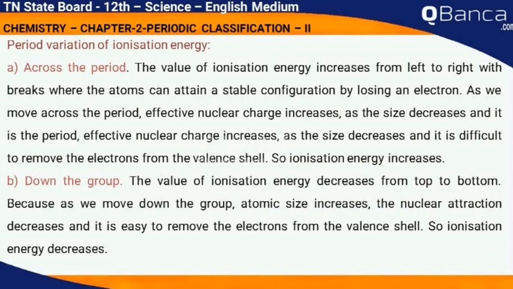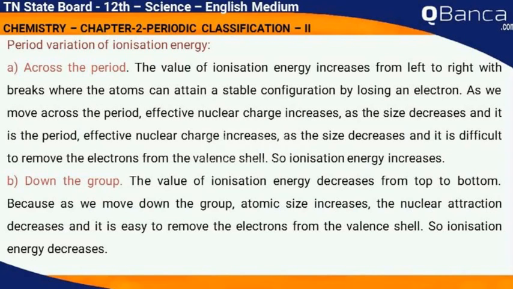As we move across the period, effective nuclear charge increases as the size decreases, and it is difficult to remove the electrons from the valence shell. So, ionization energy increases.